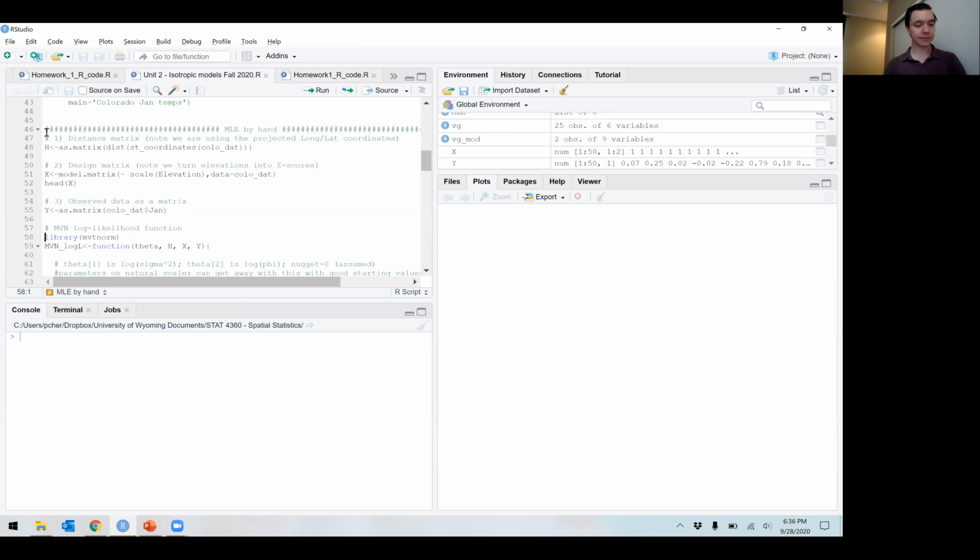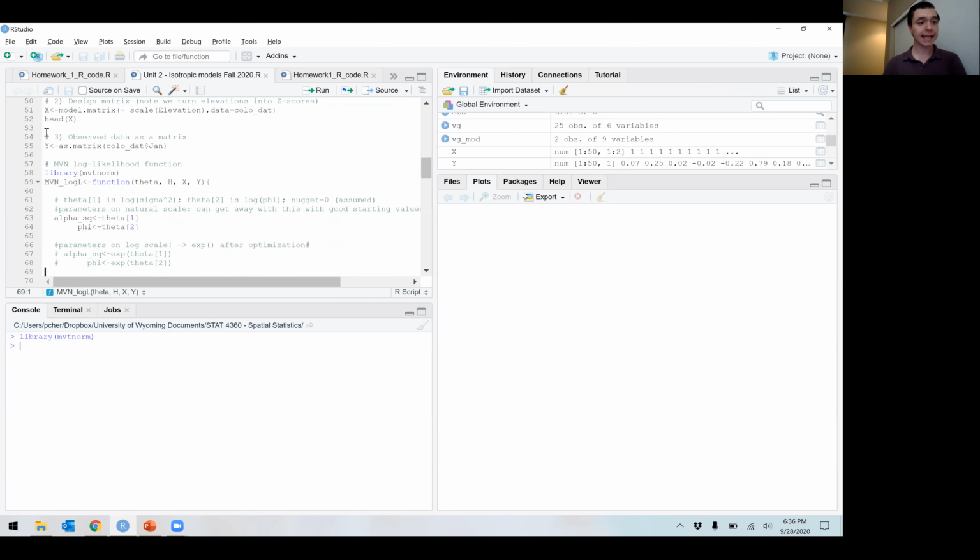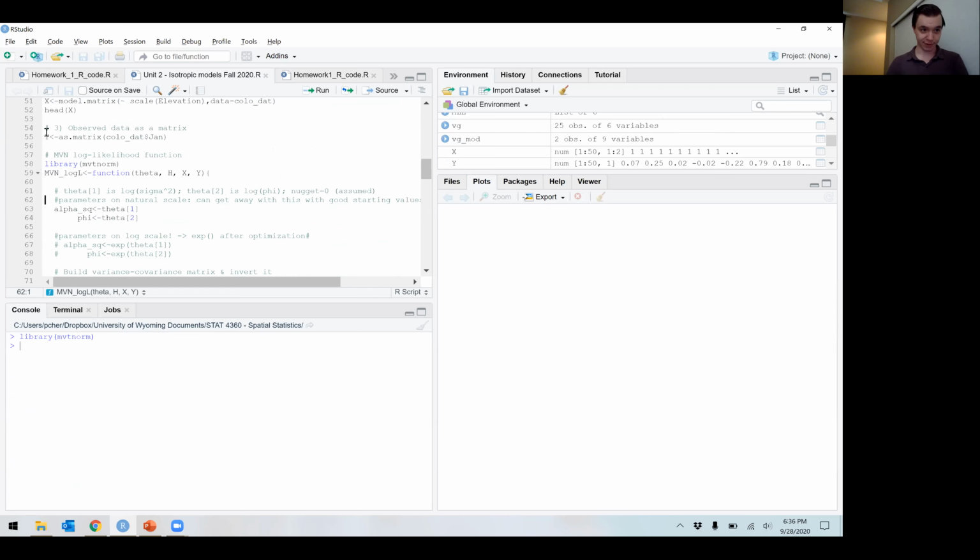And I will have to pull in this library called mvtnorm that has the multivariate normal density as a part of it. And here is my multivariate normal log likelihood function. I have to give it my two parameters. This is a vector of parameters. And these three things are my three ingredients that are known.